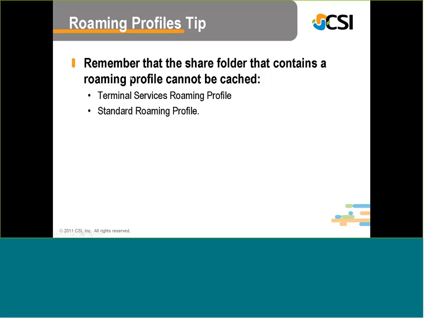So we never want the root of the profile share to be cached. Remember that any share that's set up in Microsoft defaults to being cached, so you always have to remember to turn that off on your shares. But like I said, I pick up those alerts.